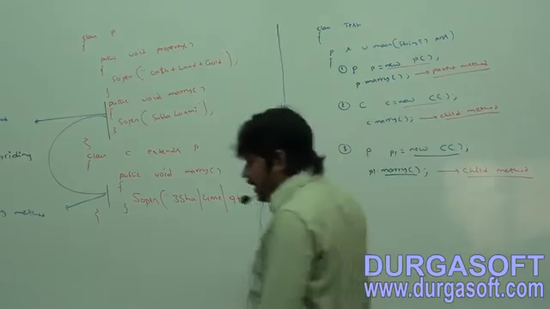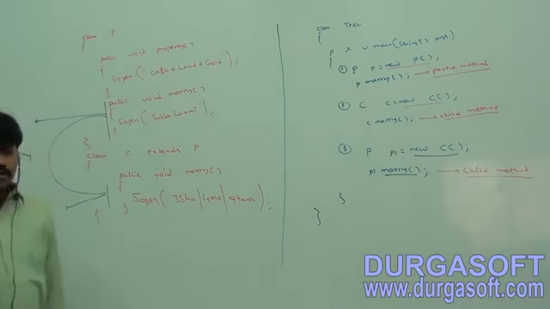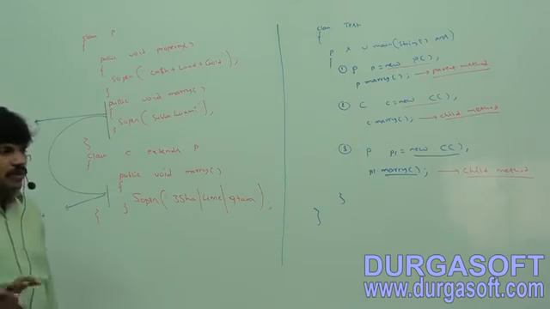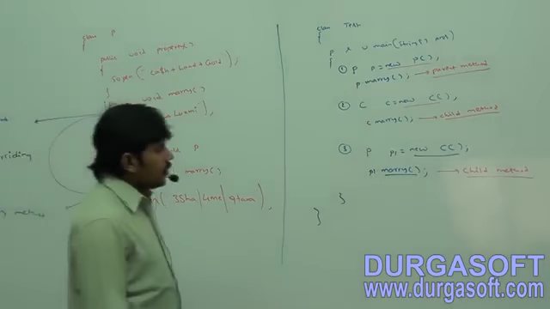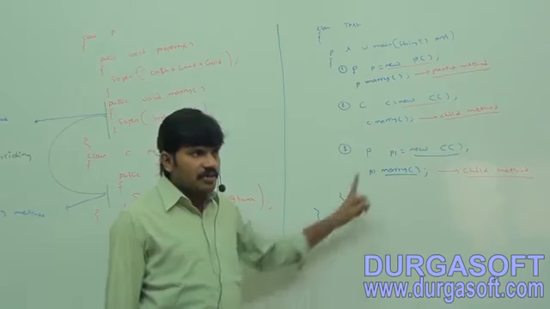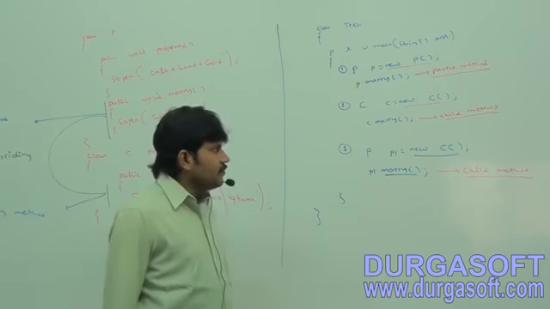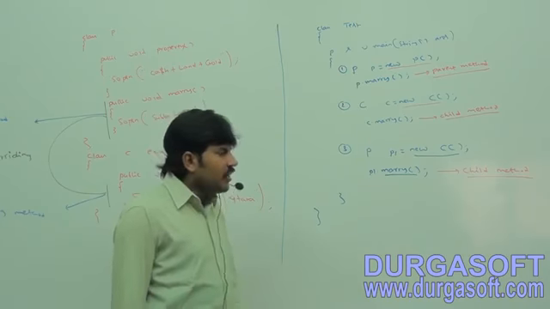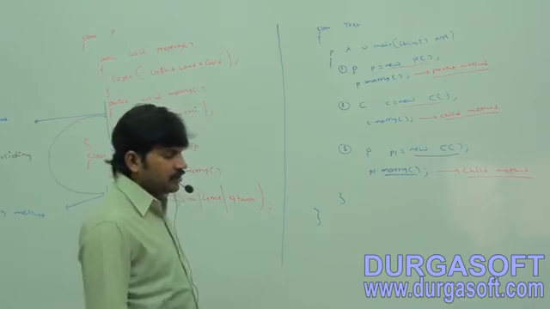So in overriding, you have to decide clearly what is the compiler's role and what is the JVM's role. The compiler always checks syntactically. You are calling the Mary method on P1, and P1 is P type. In the parent class, is the Mary method there or not? That is the role of the compiler. But the JVM will check the runtime object, either parent object or child object.